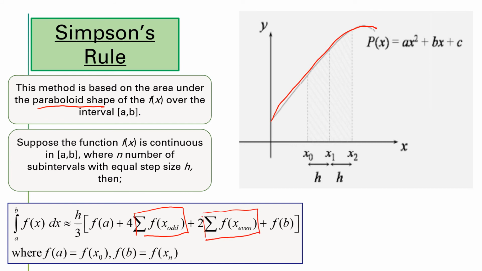For x odd, it is x1, x3, x5. For x even, it is x2, x4, x6. I will show the example for Simpson's rule in the next slide.